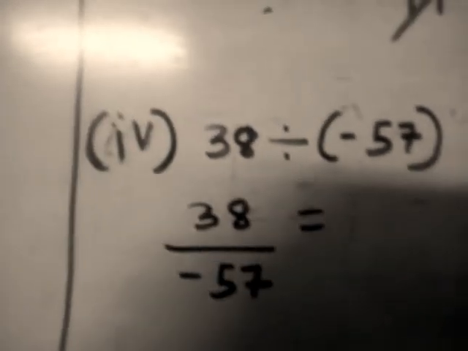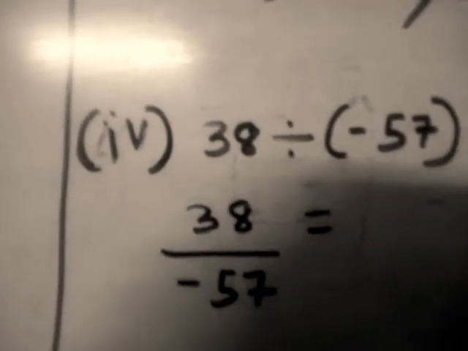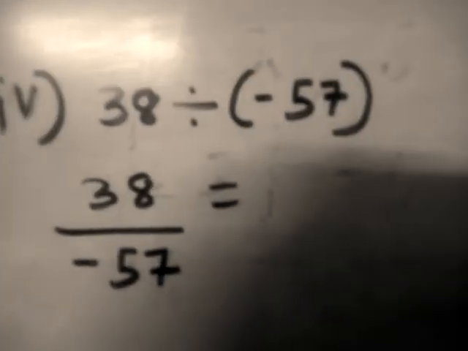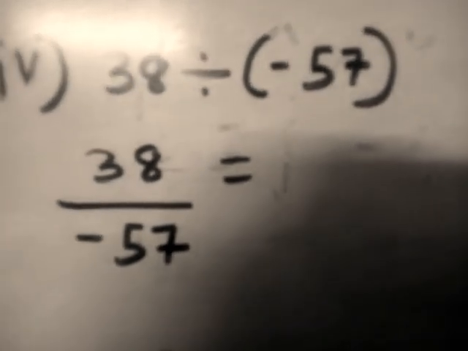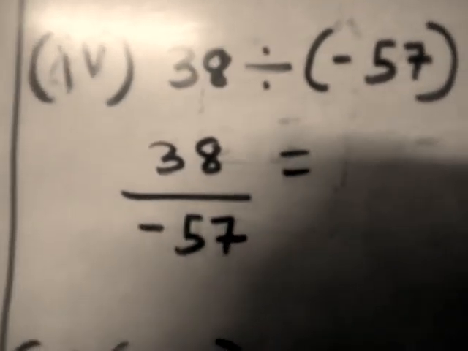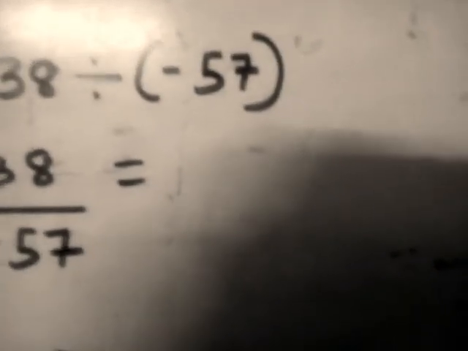Next one, see, 38 upon minus 57. 38 is divisible by what? Is it divisible by 2? You have to check that. Yes, 2 ones are 2, 2 nines are 18.